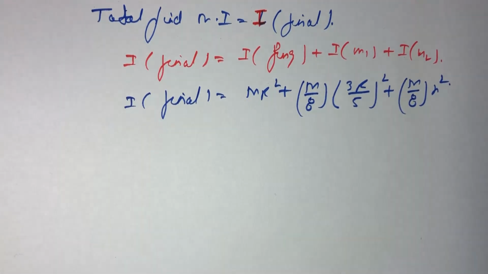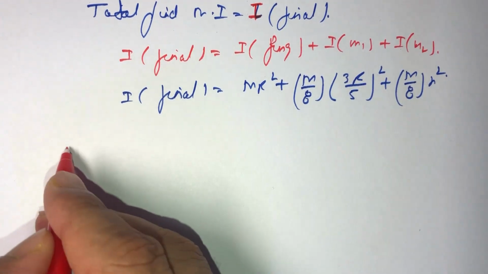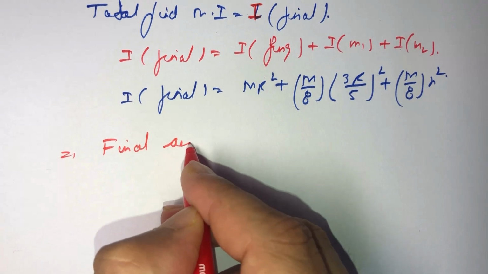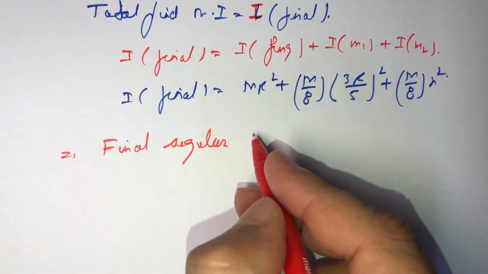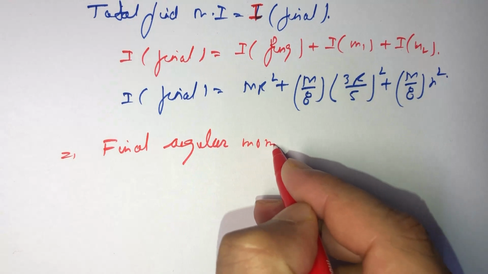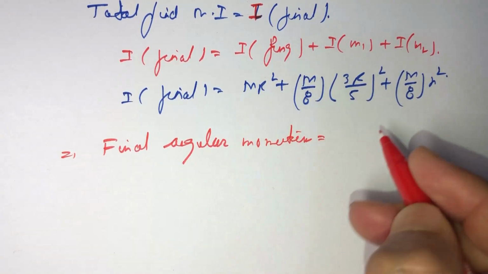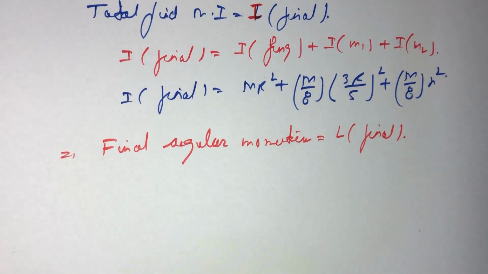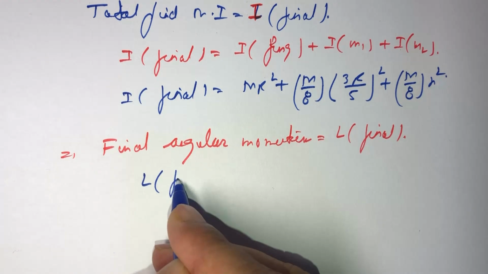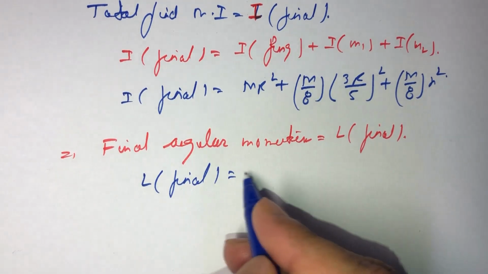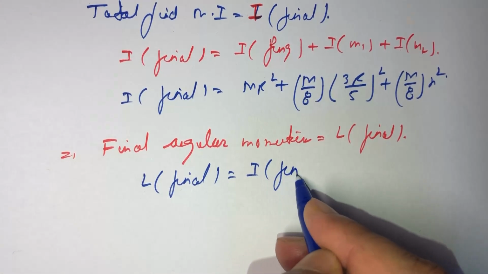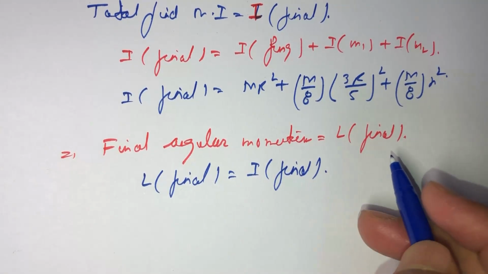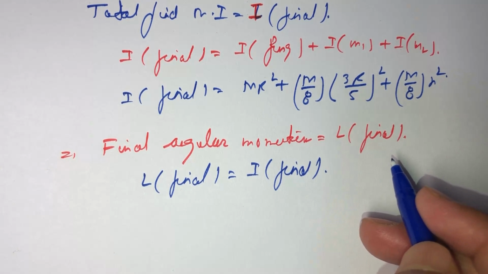Therefore, the final angular momentum, which is given as L final, will be equal to the moment of inertia final multiplied by the angular speed, which is given as 8 omega by 9.